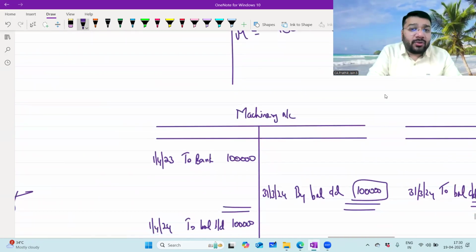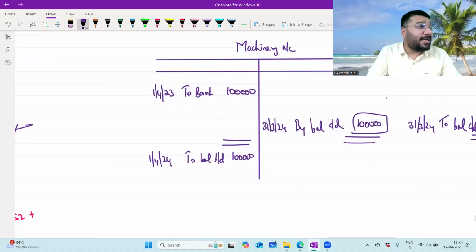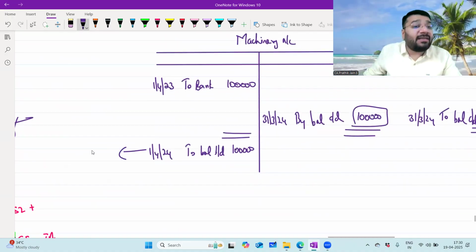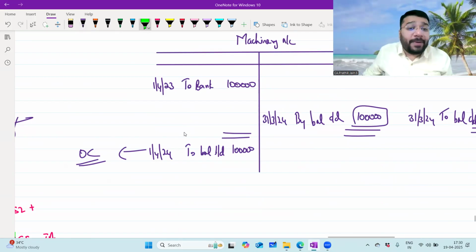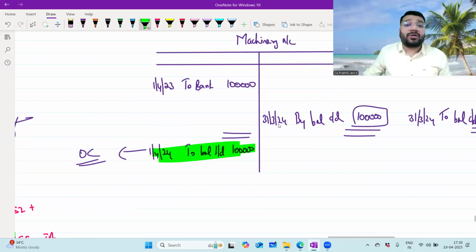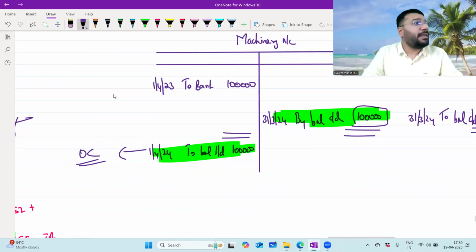In the PFD method, you record the depreciation in the PFD account. So you never record the depreciation in the asset account, and the value of the asset even in the next year is at original cost. So in the PFD method, the value of the asset in the balance sheet will always be at original cost. In fact, the opening balance also will be at the original cost, closing balance at the original cost. Clear? The concept of this was discussed long back.